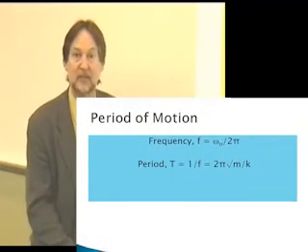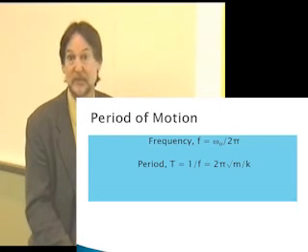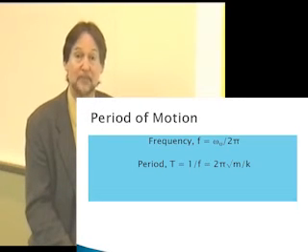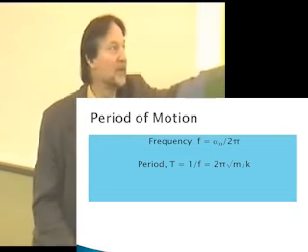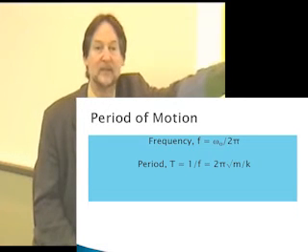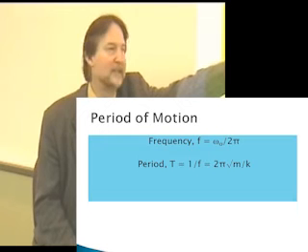Now, if the natural frequency is given by the square root of k over m, we can also express this in terms of what's known as linear frequency, or just frequency, f. And there is a relationship between frequency and omega, the natural frequency, or angular frequency.